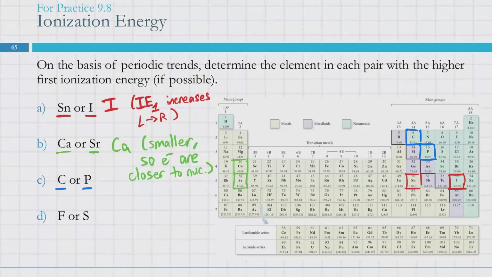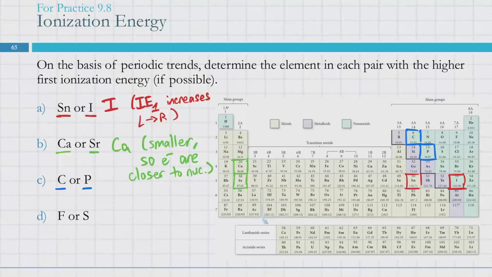We've got a guess for phosphorus. So this one's tricky, right? So for ionization energy, it increases as we go up. So in terms of up-down, carbon has a higher ionization energy. It also increases left to right. So phosphorus on the left-right has a higher ionization energy.